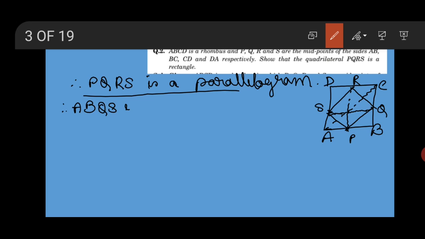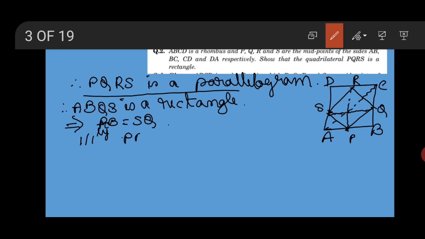We can write down: therefore, ABQS is a rectangle. What is the property of a rectangle? Opposite sides are equal. Therefore, AB is equal to SQ.